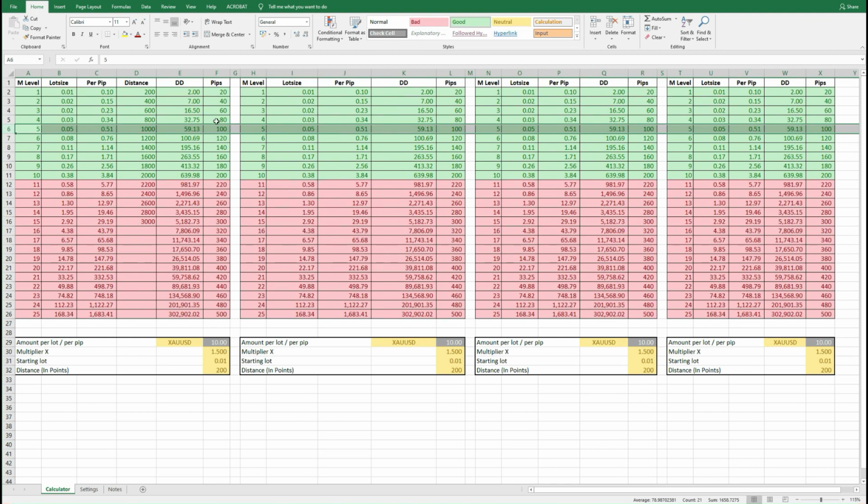This calculator gives you an idea how much you prepare for that $10 move, and if it doesn't recover, how much more it will go further before your account gets blown at the 10th position.